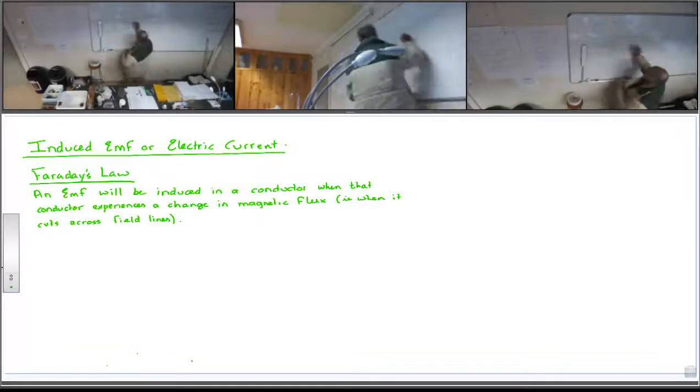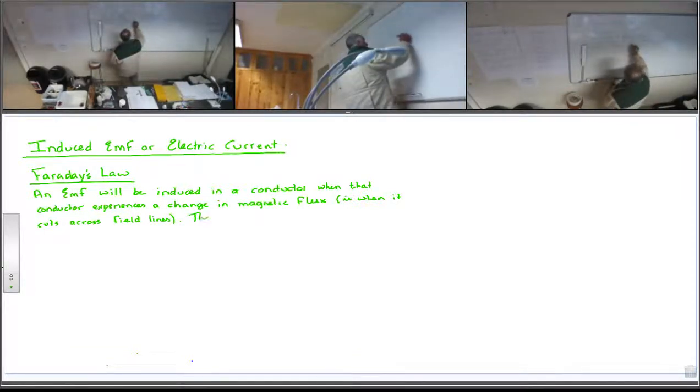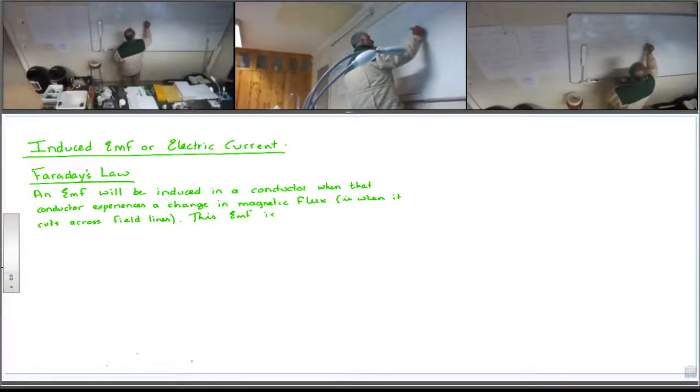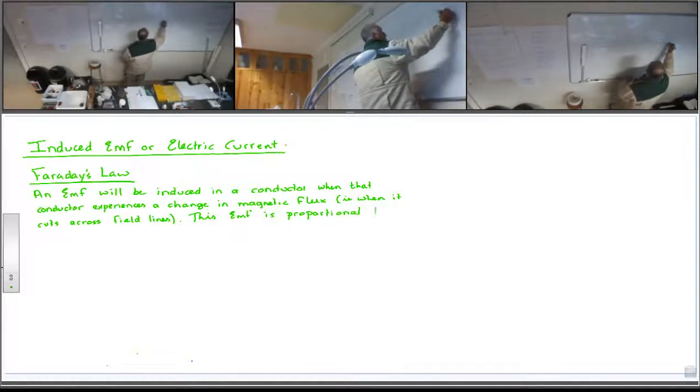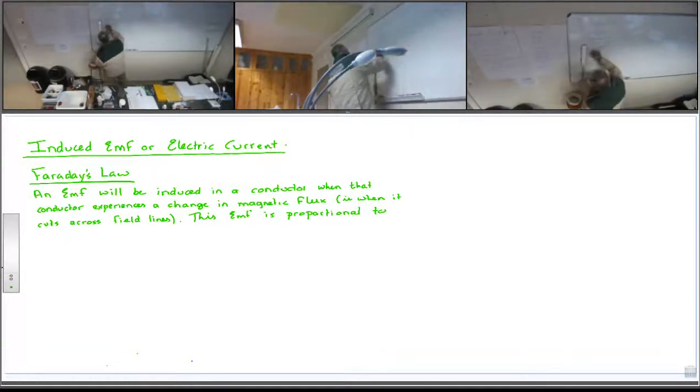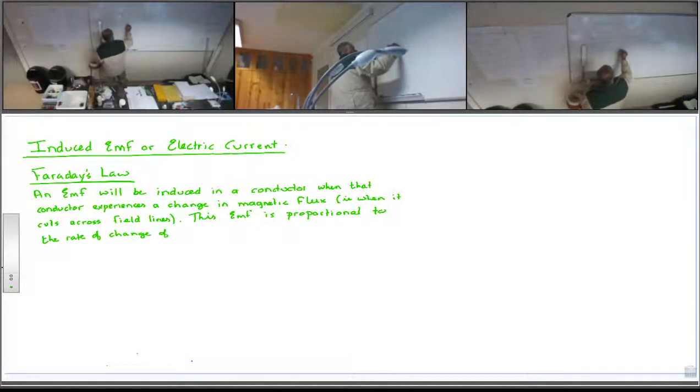This EMF is proportional, not directly proportional, to the rate of change of magnetic flux.